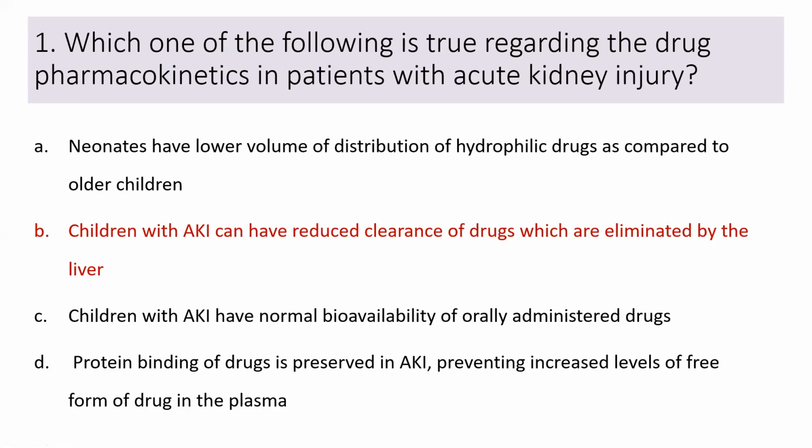And protein binding of drugs also gets affected in cases of acute kidney injury. Either the quality of protein binding is affected or the uremic toxins in themselves might compete with the protein binding, thereby leading to increased free form of some of the drugs. So we need to be really careful about these drugs while prescribing in AKI to prevent their increased concentration in free form, which can otherwise create toxicity. So the answer is B.